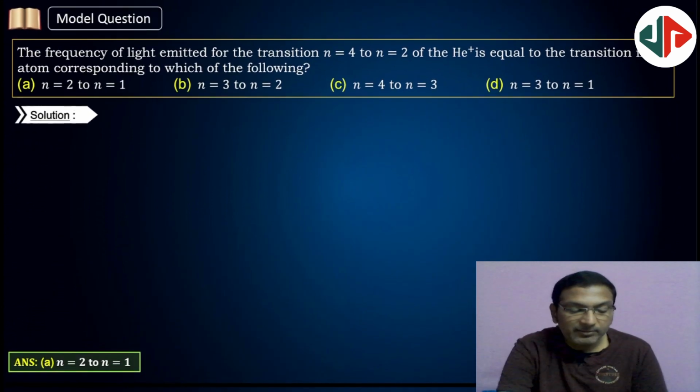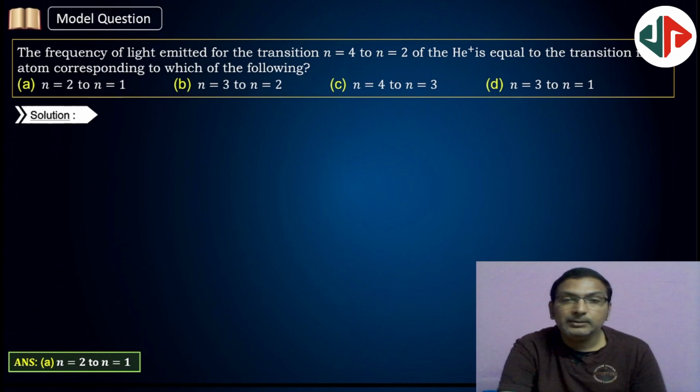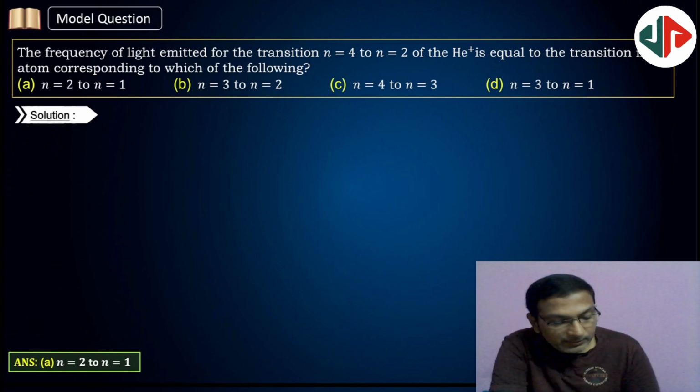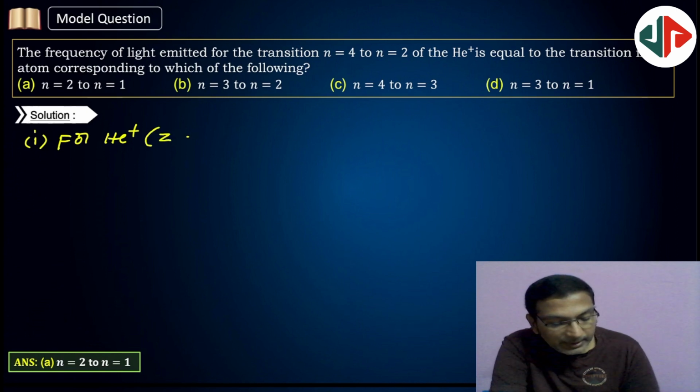The frequency of light emitted for the transition n equal to 4 to n equal to 2 of He plus is equal to the transition in hydrogen atom corresponding to which of the following transitions? Here two cases. First case, for He plus, atomic number 2.